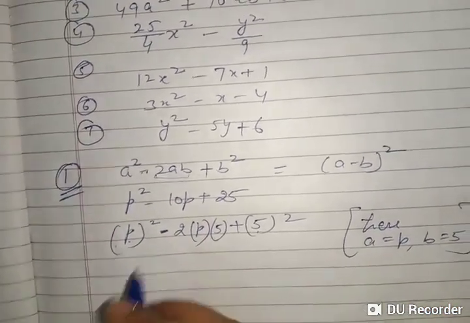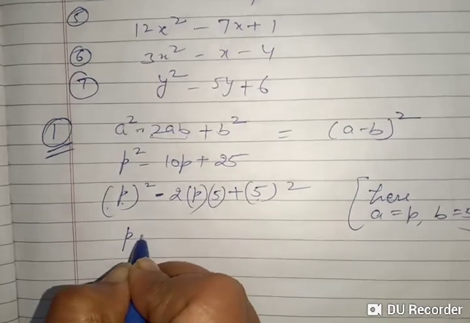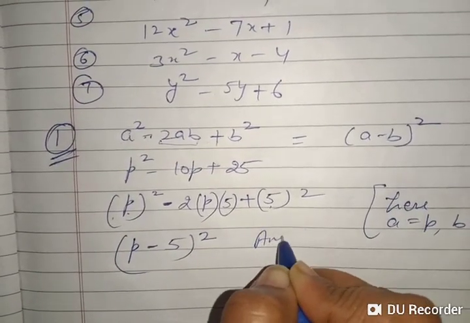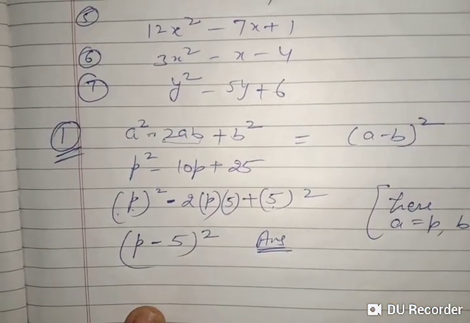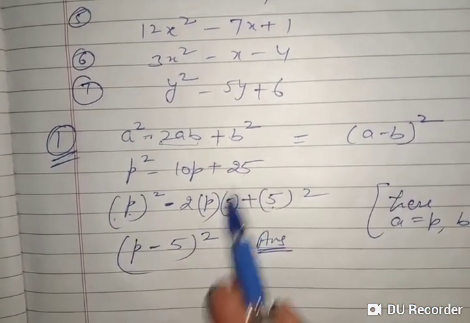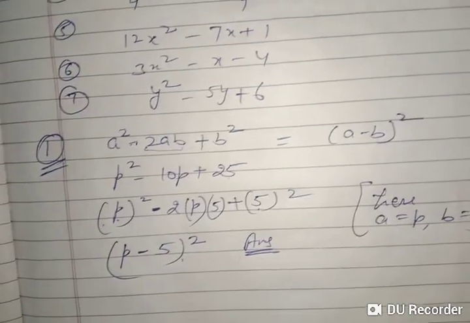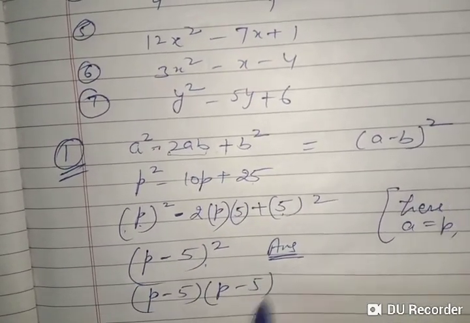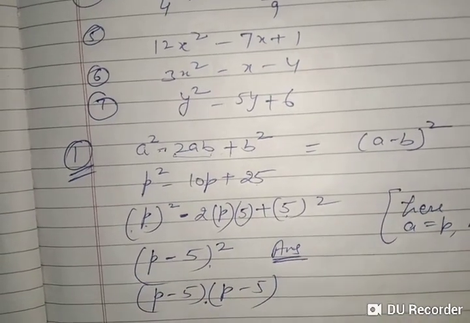So you can write this as a minus b, it means p minus 5 whole square, and this is our answer. Factorize means the expression of plus and minus we have converted into product, or we can write this as p minus 5 bracket, p minus 5 bracket.